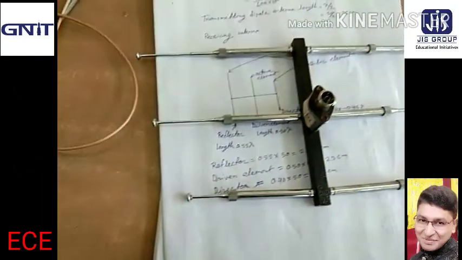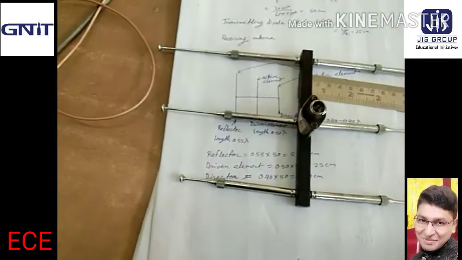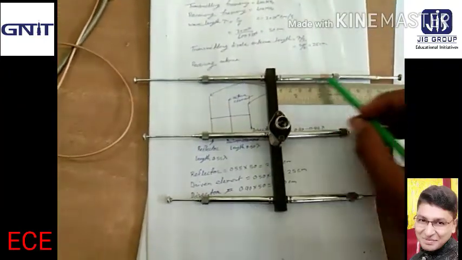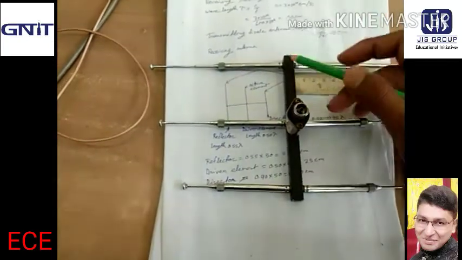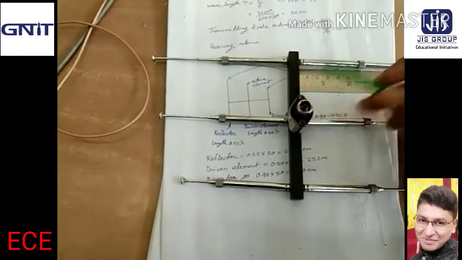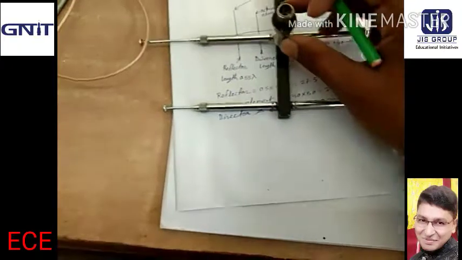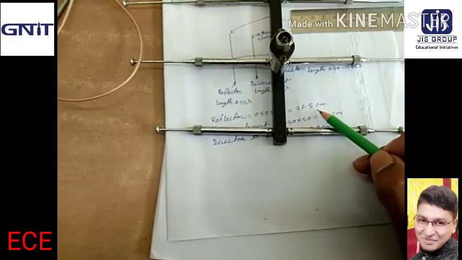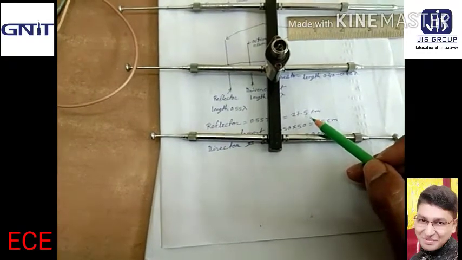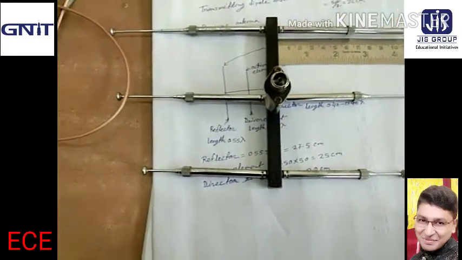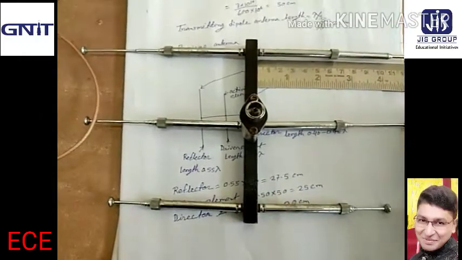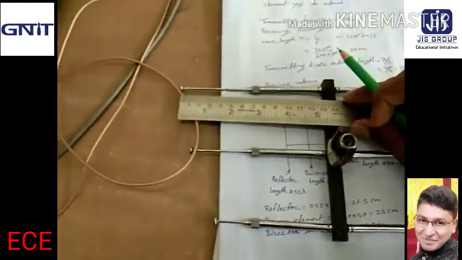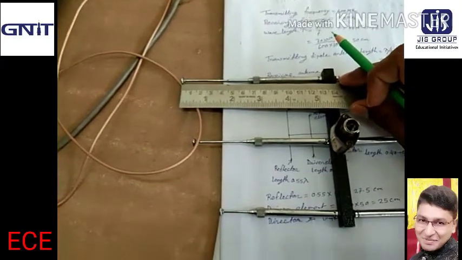Now measuring this antenna element, the reflector element, the feed is always 1 centimeter. So 27.5 centimeter minus 1 centimeter is 26.5 centimeter, so 13.25 centimeter on each side.